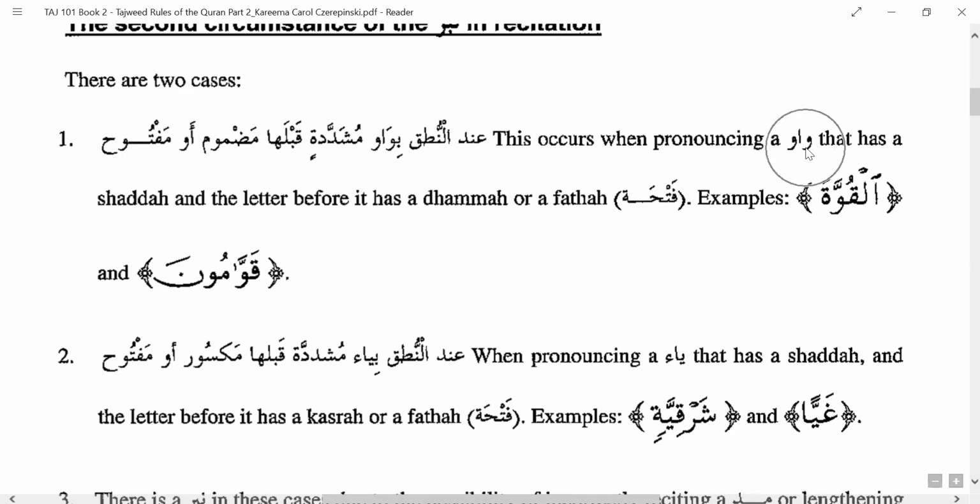If it is preceded by a same sign, which is wow preceded by a dhamma, that becomes a mad. But when you have wow or ya with a shadda, if I don't do nabr here, if I say al quwwah, what happens?